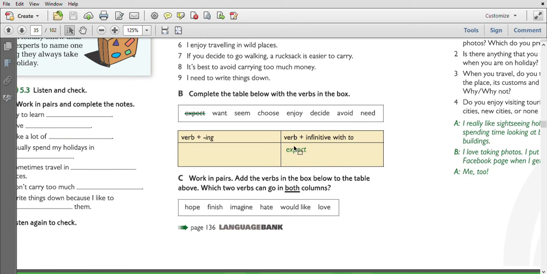So if we look again at the words hope, finish, imagine, hate, would like, and love, the two words that can be added to both columns are love, as we have already mentioned, and hate. So we can say hate with the word that has ing, and with the word that is in infinitive with to. Let's go to our grammar part.